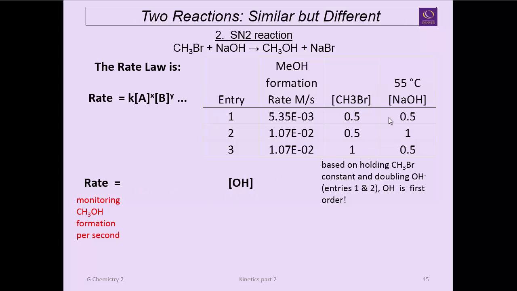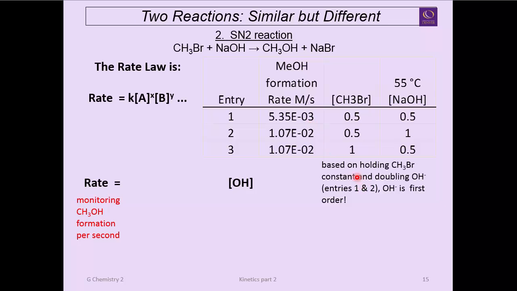So let's just deal with the hydroxide first. Based on holding methyl bromide constant and doubling OH, entries 1 and 2, that's held constant. Doubling that, the rate actually doubles. 5.35 doubled would be 10.35, and see how it changed the order of magnitude.